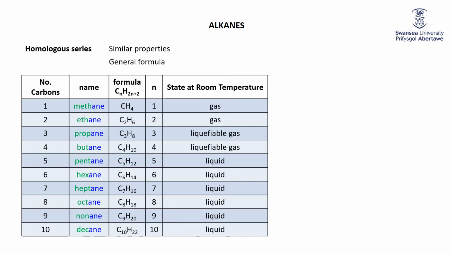In other words, they've boiled well before you get to room temperature. Propane and butane are also gases at room temperature, but they're so-called liquefiable gases. If you increase the pressure a little bit at room temperature, then you can turn them into liquids. And then pentane, hexane, heptane, octane, and so forth are liquids at room temperature anyway.